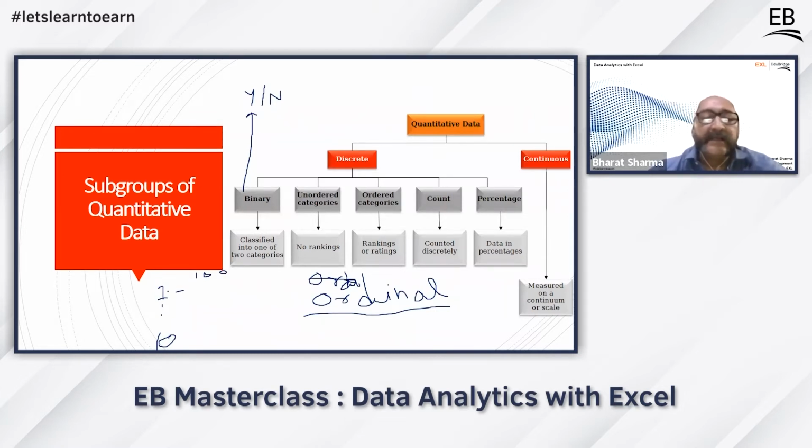He says he likes one. Somebody else says he likes two. The next one says he likes two. Then he likes three. So I collect 100 sets of data.